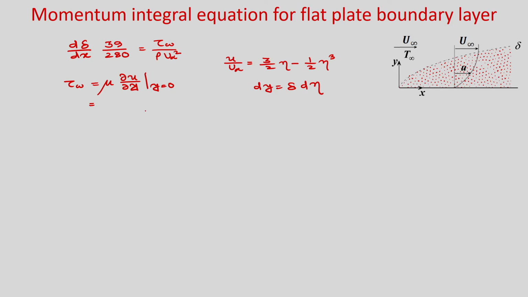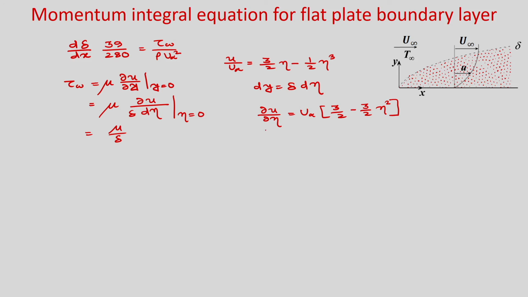So, you can write mu del u by delta d eta at eta is equal to 0, okay. Then you can write mu by delta and del u by del eta, okay, what we will get: u infinity into 3 by 2 minus 3 by 2 eta square, okay.